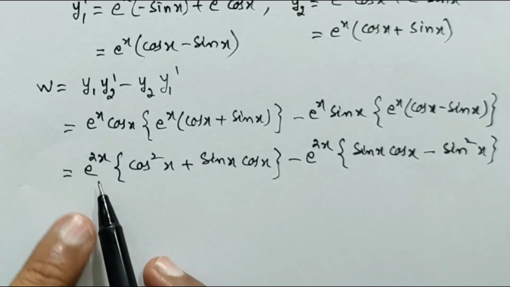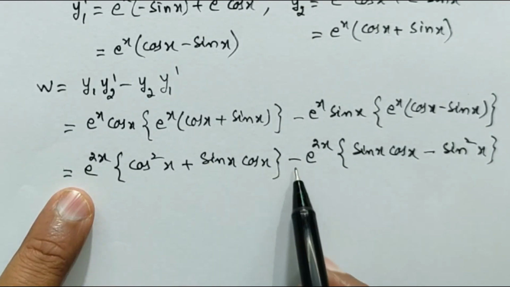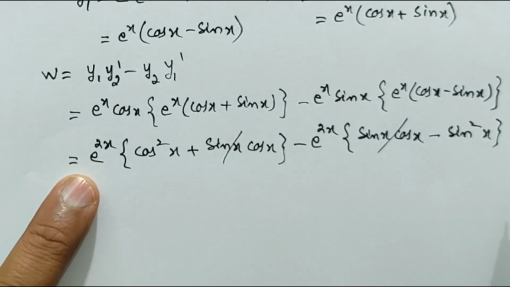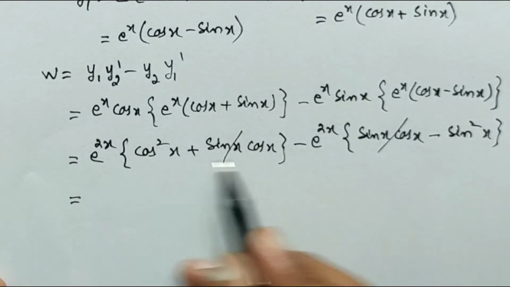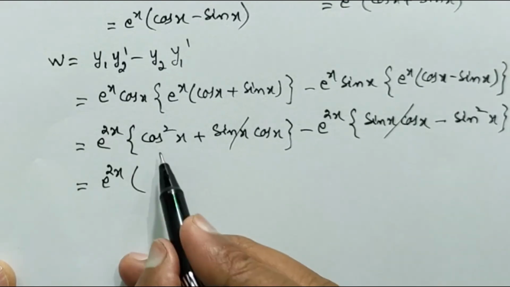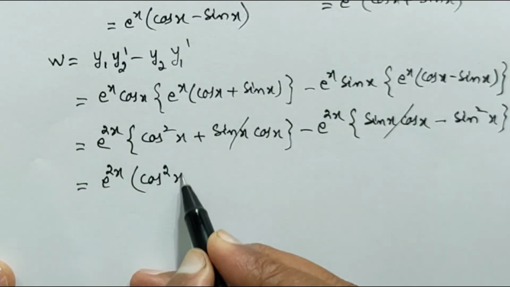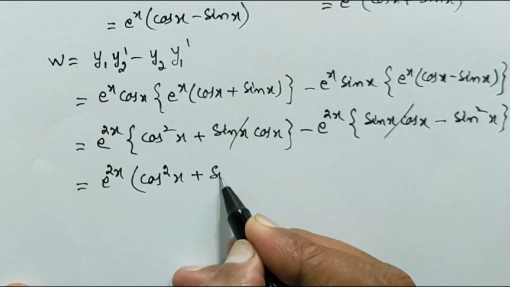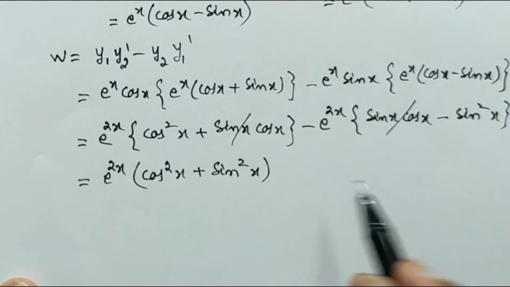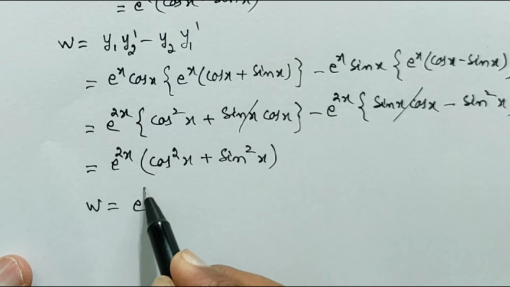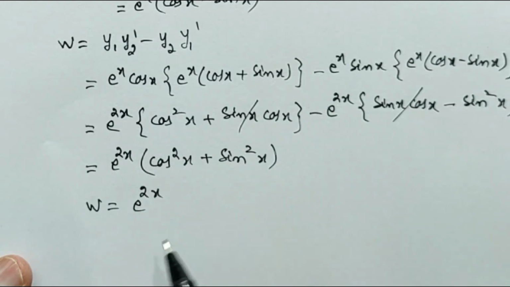Observe that e power of 2x into sin x cos x and minus e power of 2x into sin x cos x cancel out. Taking e power of 2x common, we are left with cos square of x plus sin square of x, which is 1. So W is equal to e power of 2x. So the Wronskian value is e power of 2x.